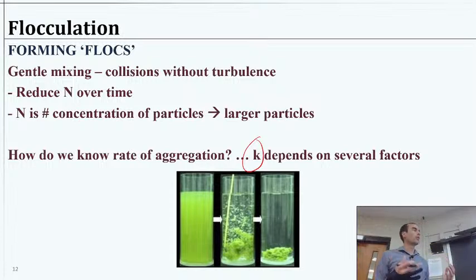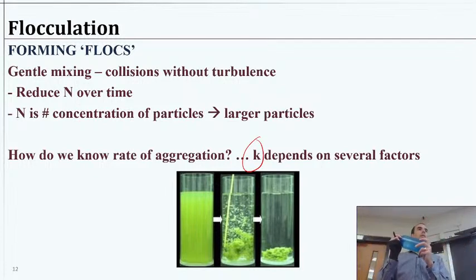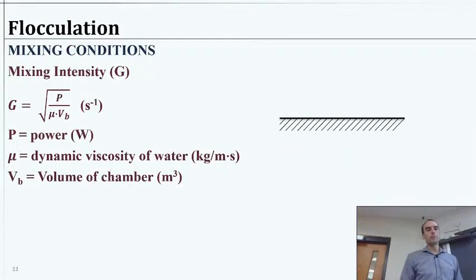And a third component is going to be, well, what fraction of my bottle of water actually has particles in it? Like, what volume of this is occupied by particles? Because if there's only like 2 tiny little particles in here, it's going to take a very long time before they meet. So each of these factors is going to go into the rate constant that we can use for how effective we are about getting these particles to stick together.